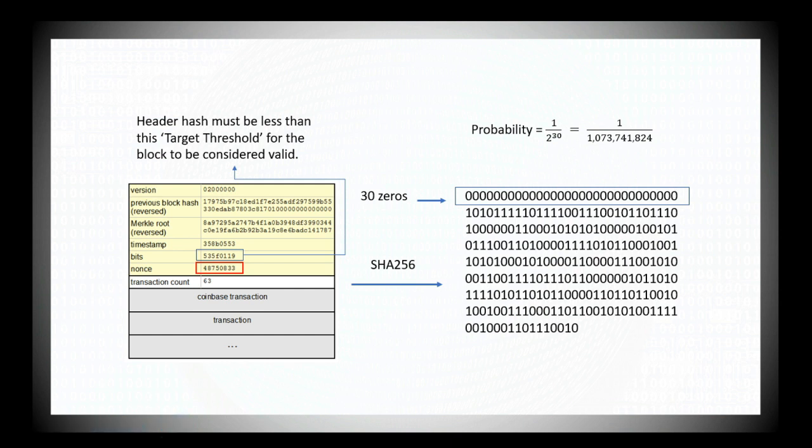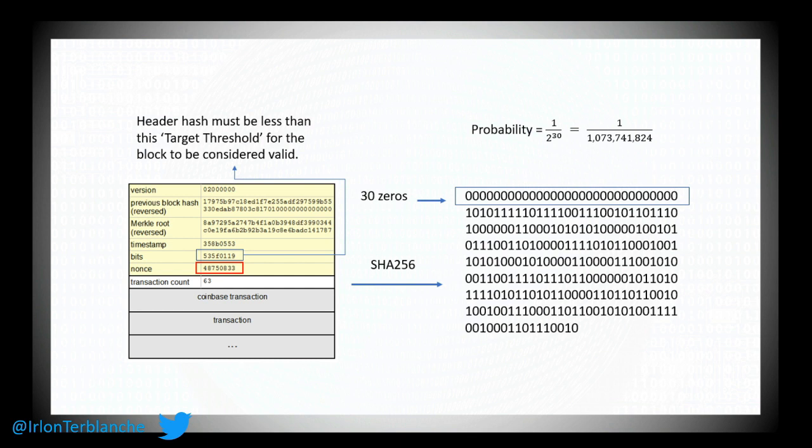This target threshold value is one that is set by the network, and the network will set a target threshold such that it takes on average one node 10 minutes to produce a valid block. And by valid block we mean a block that has a nonce that when inserted into this header produces a hash output that is less than the target threshold.